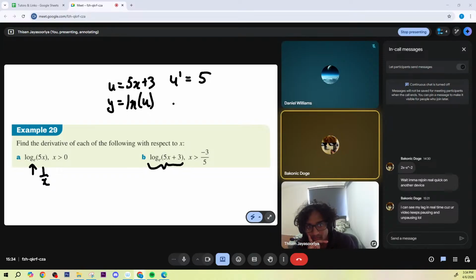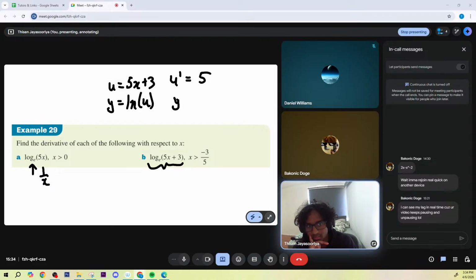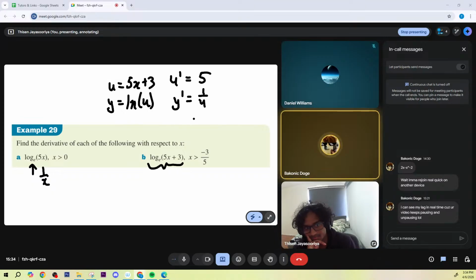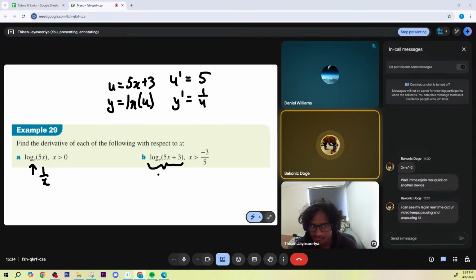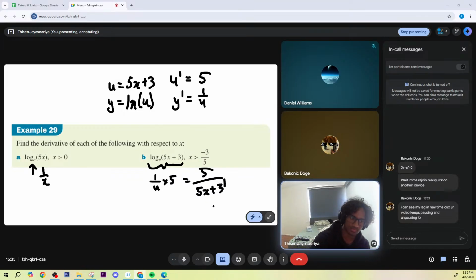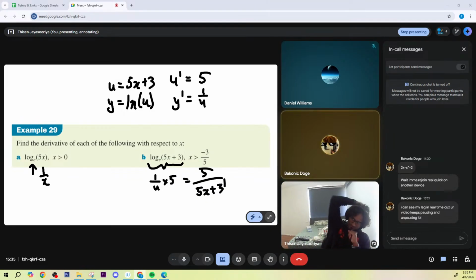And what's the derivative of ln? 1 over u. So then here, what is my derivative for this function? 1 over 5x plus 3 times 5, so that means it's 5 over 5x plus 3. Does that make sense?